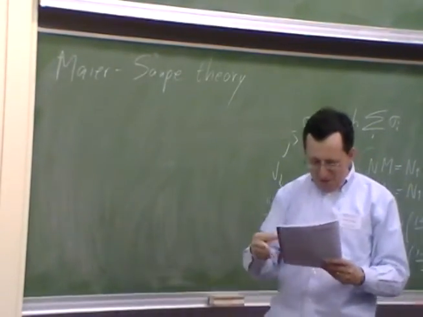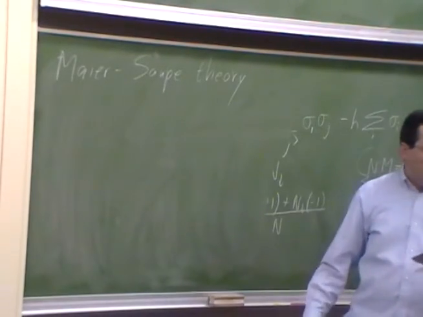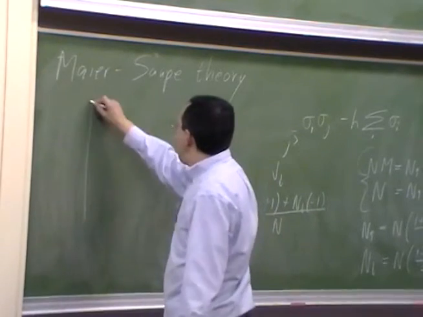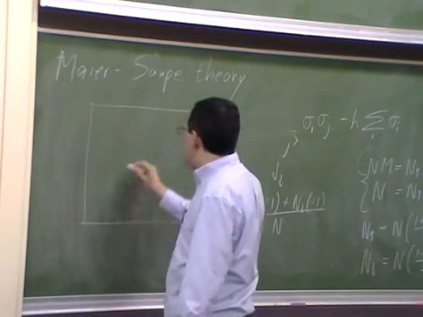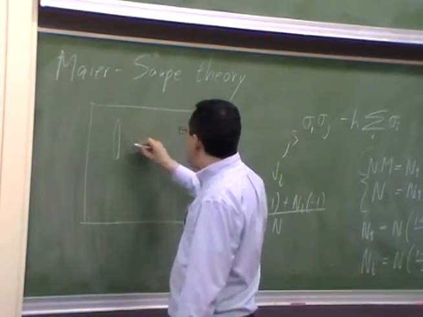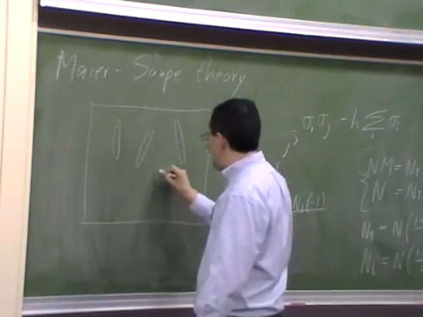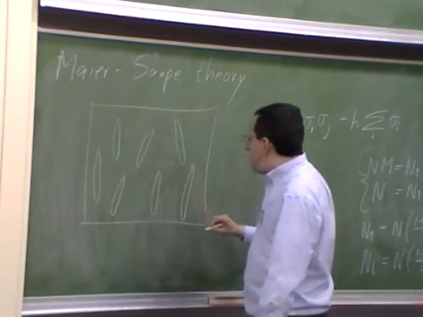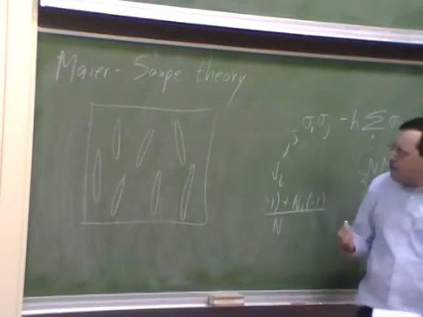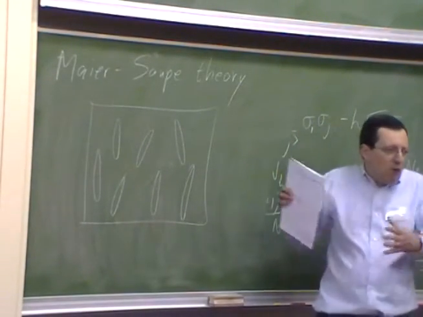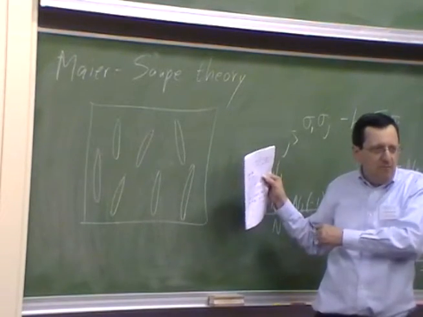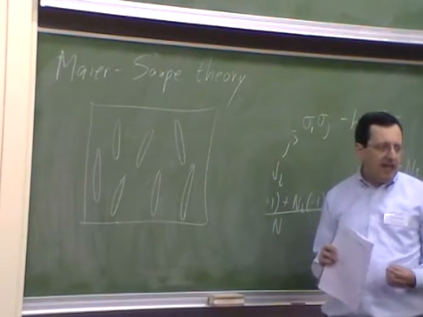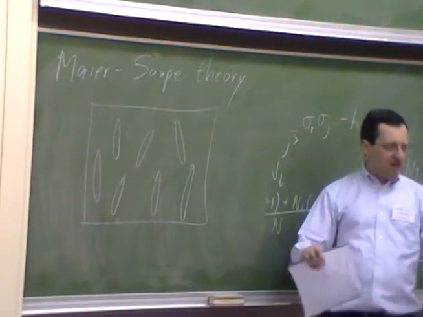All right, so for Maier-Saupe theory, here we imagine that we have a box filled with liquid crystal, and there's a whole bunch of molecules in here. These molecules are characterized by some orientational distribution function, which can be represented by a nematic order tensor, like I defined for you yesterday.